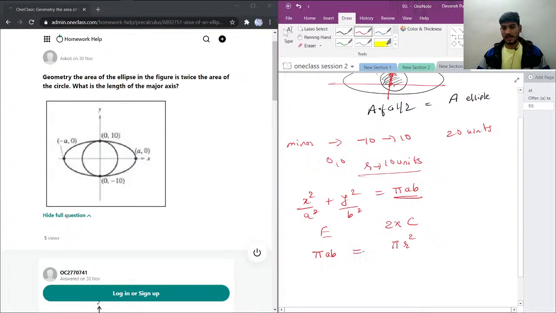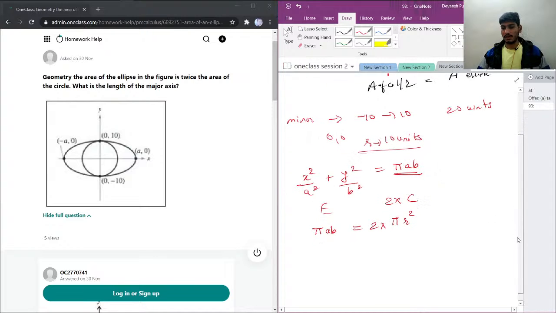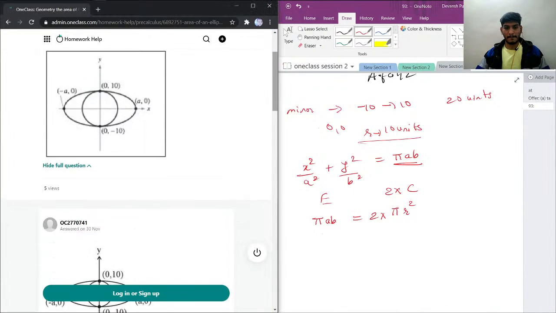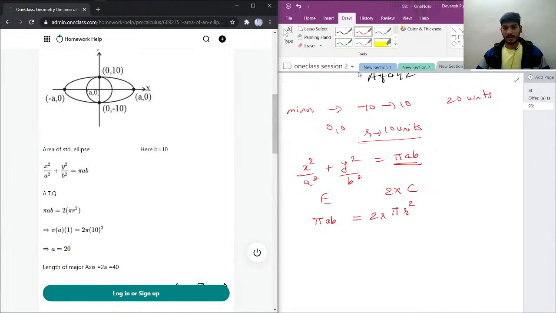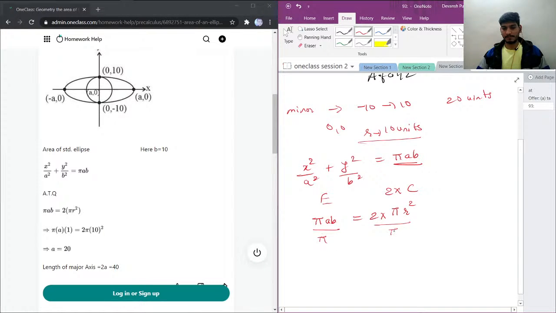So pi AB will be equal to 2 times the area of the circle. Now I can divide both sides by pi, and I will get AB as 2 times r square.